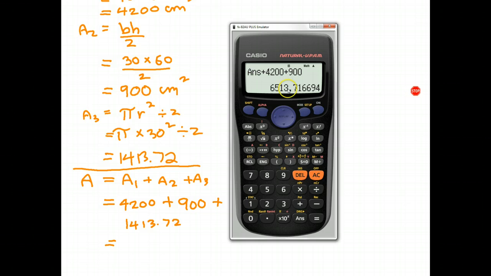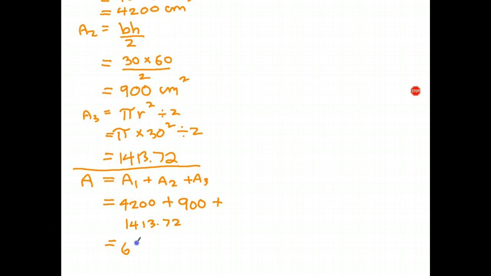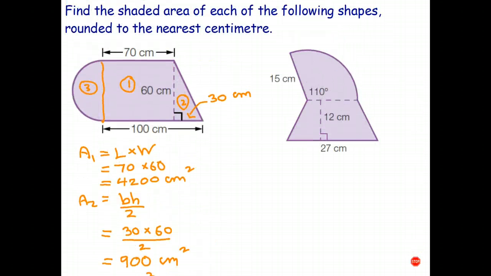Looking at that 3, looking at the next decimal place, it's 5 or bigger, so that 3 becomes a 4, 6514. 6514 centimeters squared, and I should have put centimeters squared on that one. So once again, we had to find 3 areas, and then we had to add them together.